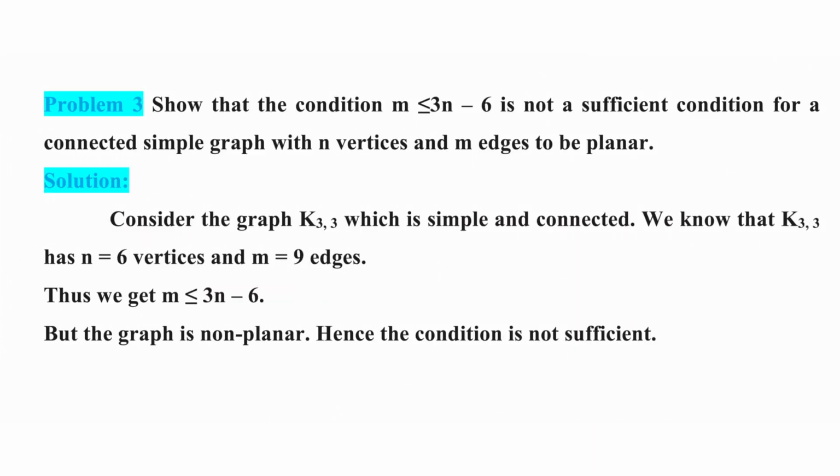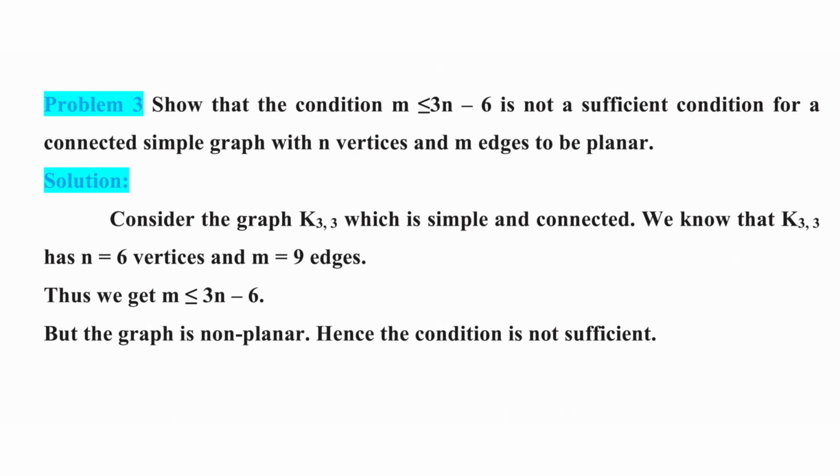So, the next problem is, show that the condition m is less than or equal to 3n - 6 is not a sufficient condition for a connected simple graph with n vertices and m edges to be planar. The solution of the problem is, consider the graph K3,3, which is simple and connected.